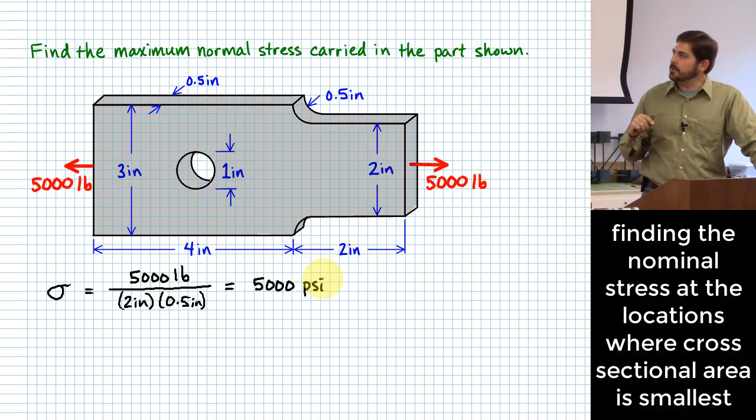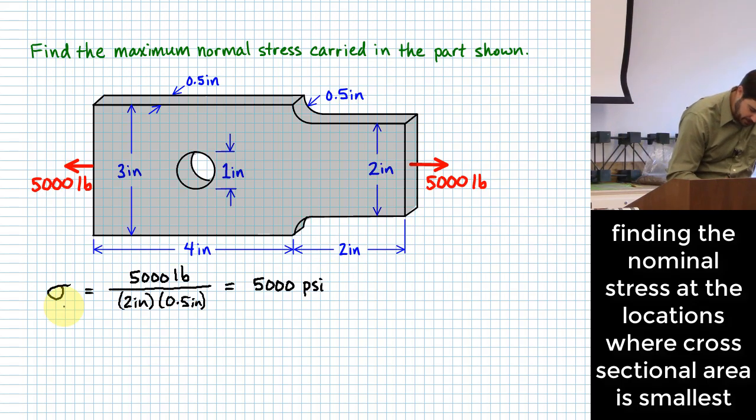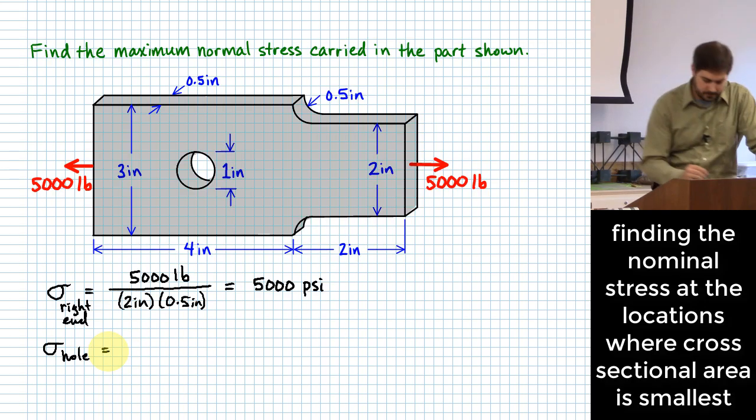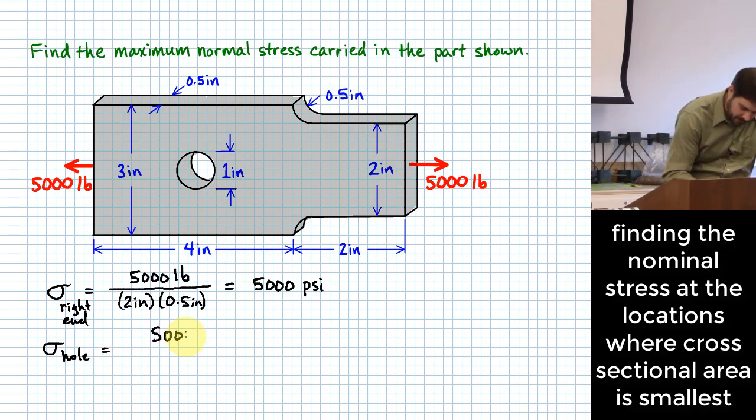Real quick before I do that, is there another candidate for where the worst case stress could be? At the hole, right? Well, if we look at the hole, so this is kind of on the right end. What if we look at the hole? Okay, there, 5,000 pounds over what?